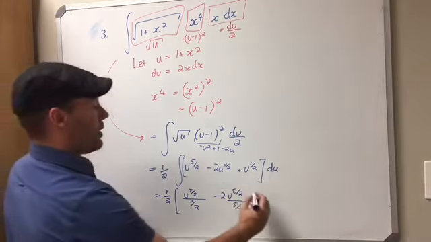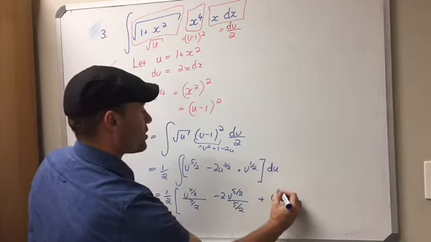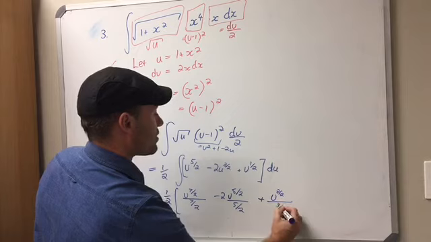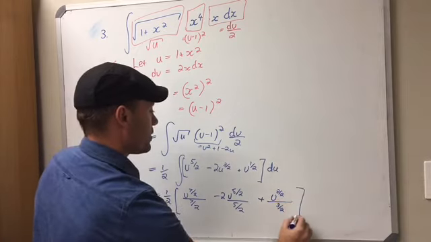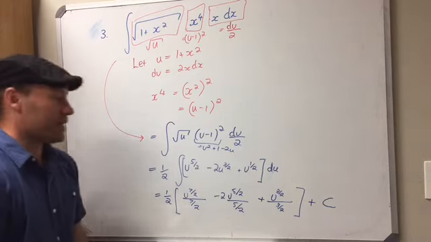Plus the integral of u to the half is u to the 3 over 2 over 3 over 2. And I can put the plus c inside or outside the brackets, it doesn't matter.